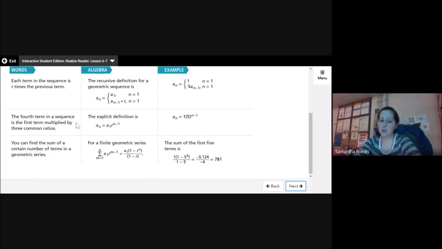You can find the sum of a certain number of terms in a geometric sequence. For a finite geometric series, the sum from m equals 1 to n of a sub 1 r to the m minus 1 equals a sub 1 times 1 minus r to the nth divided by 1 minus r. And the sum of the first 5 terms with r equals 5 is 781. And that is the end of Unit 6, Lesson 7.